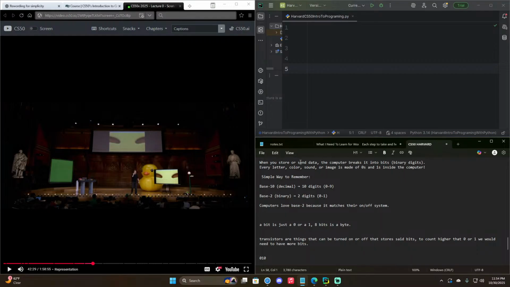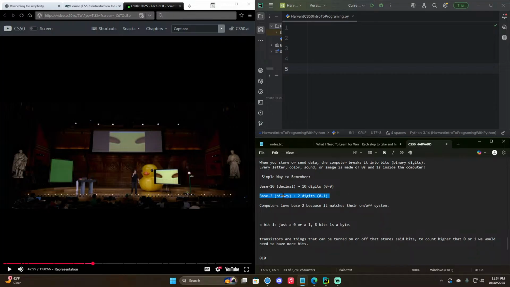So when you store or send data, the computer breaks it into bits, binary digits. Every letter, color, sound, or image is made up of zeros and ones inside the computer. A simple way to remember is base 10 is decimal, right, of digits 0 to 9. Base 2 is binary, which is what the computer actually speaks in and can comprehend. So we will go from base 10, most likely. I mean, as long as it's 0 through 9, and if it's more than that, you'll go to 11 and so forth.